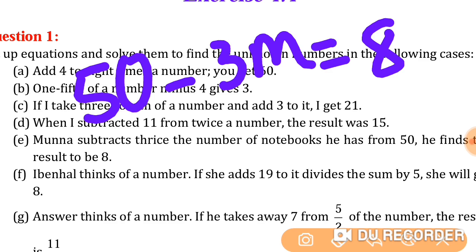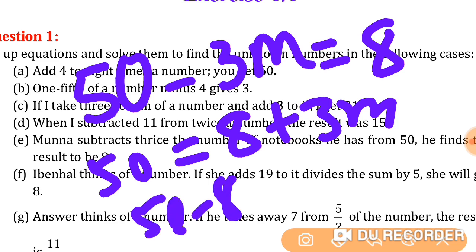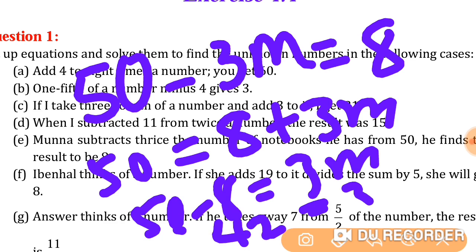So transfer that side, that 3m, it becomes 8 plus 3m. And then this 8 you bring this side. So 50 minus 8 is equal to 3m. So 42 is equal to 3m. So 3 ones are 3, 3 fours are 12, 3 fourteens are 42. So m is equal to 14.